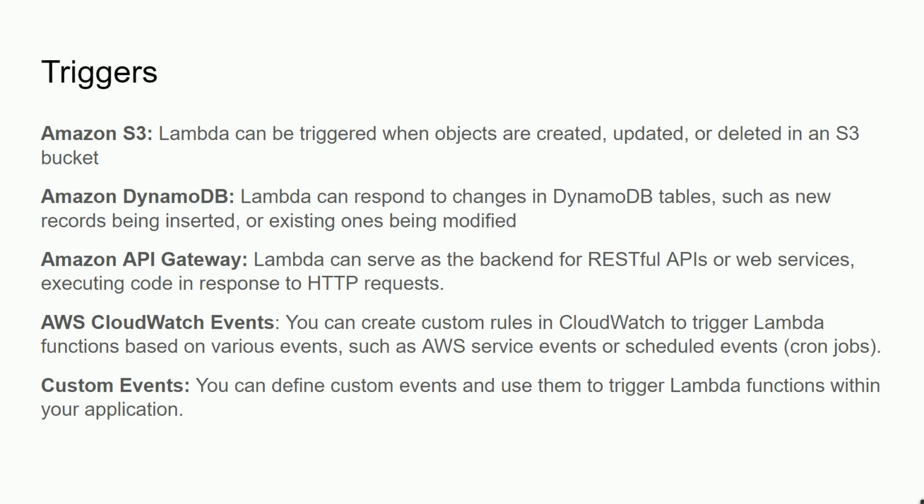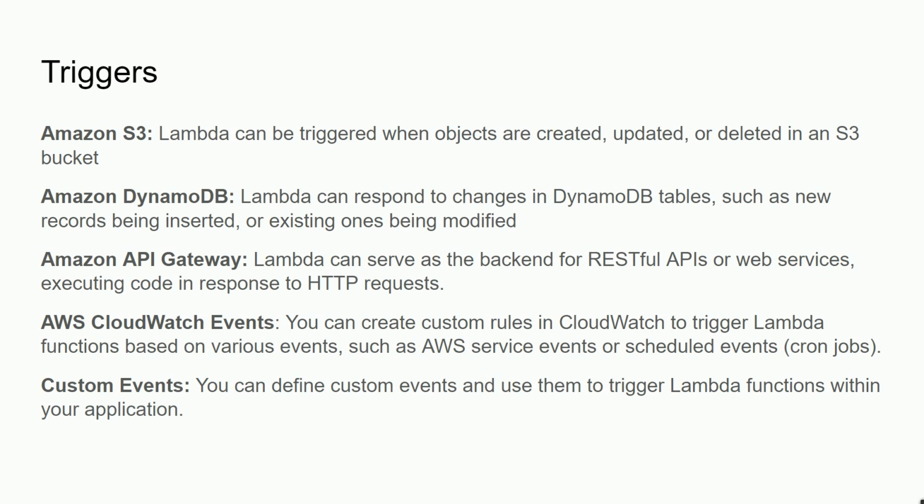Triggers, how you can trigger these functions. In S3, Lambda can be triggered when objects are created, updated and deleted. DynamoDB, Lambda responds to changes in a DynamoDB table, such as a new record being inserted or an existing one modified.